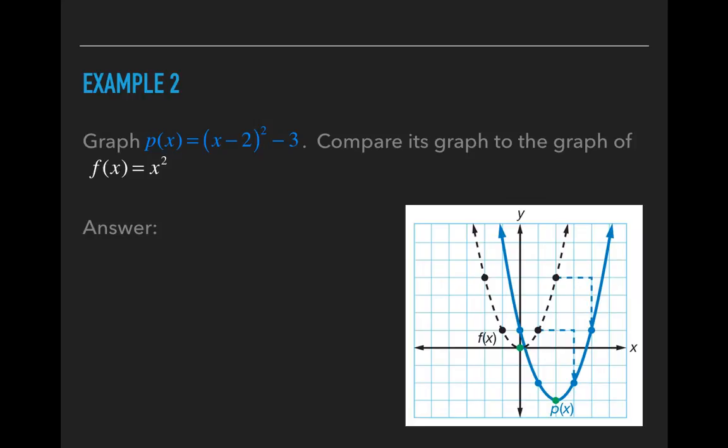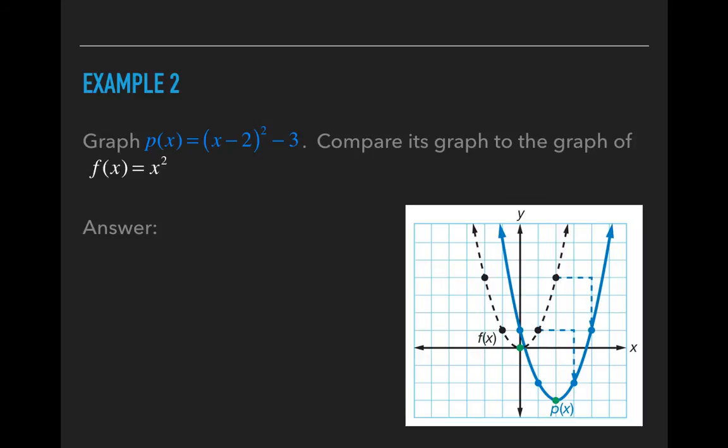So if we were to compare them, notice what happened here. Your vertex is now down and to the right. More specifically, it is down 3 units and to the right 2 units. And you can see I've kind of sketched out some other points and shown how they have moved over 2 and down 3, over 2 and down 3.